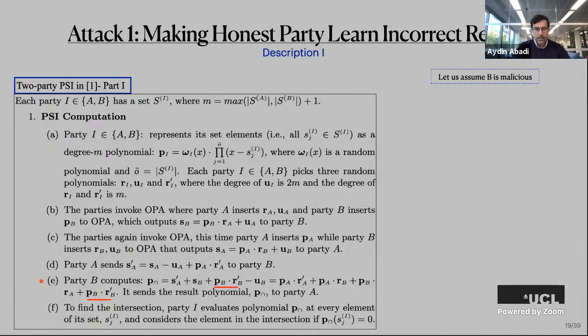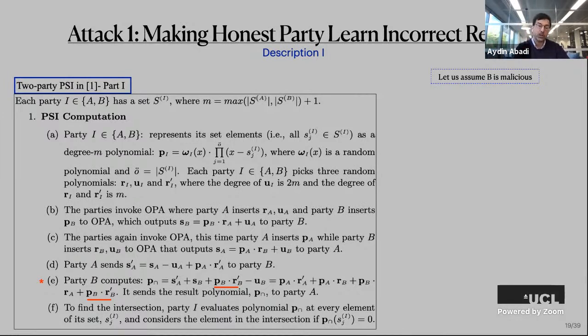As you can see, in the original protocol, this party is allowed to compute P_B, the representation of its original set, multiplied by a random polynomial, R'_B, and this remains in the result. So this P-hat is sent to the other party.